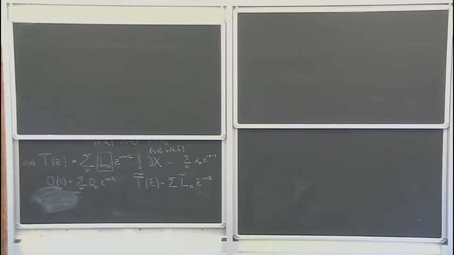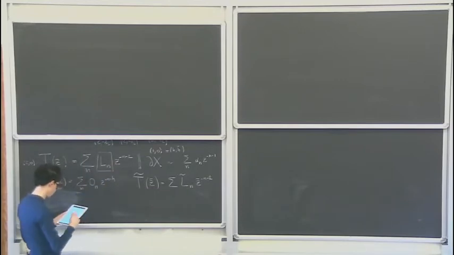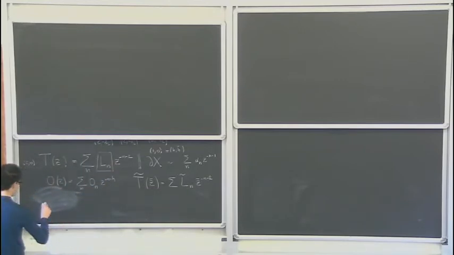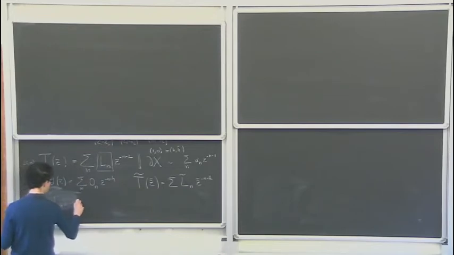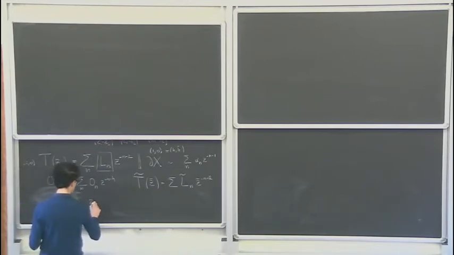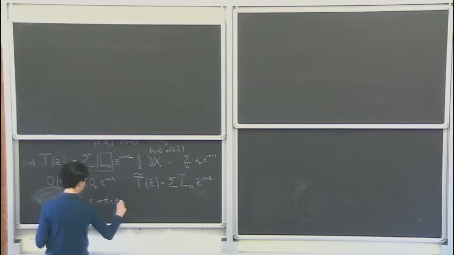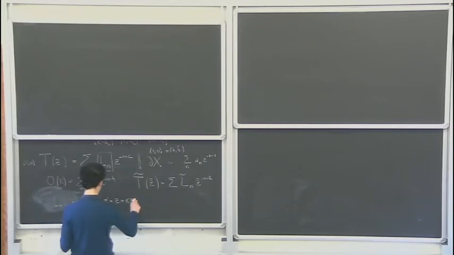So this is something I mentioned as a fact, saying you can think about this object as the generator of the diffeomorphism, and in particular, what I'm saying is that Ln generates the transformation z goes to z prime equals z plus epsilon z^(n+1).